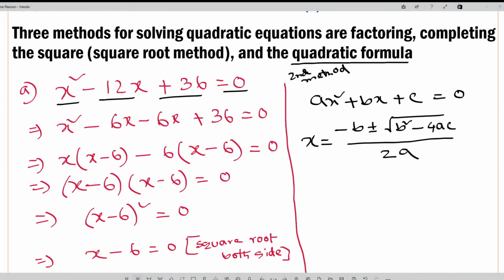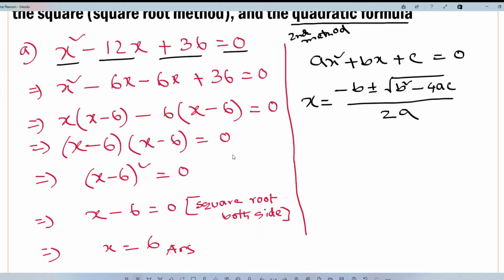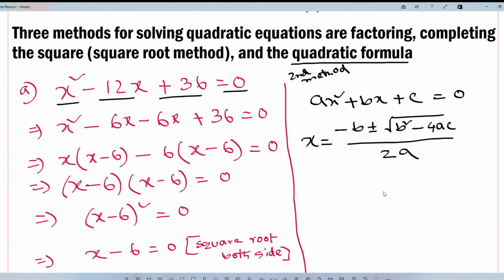So in the first method, the factoring method, we got the result 6. Now look, in the quadratic formula what will happen? Here is ax square plus bx plus c equals 0.